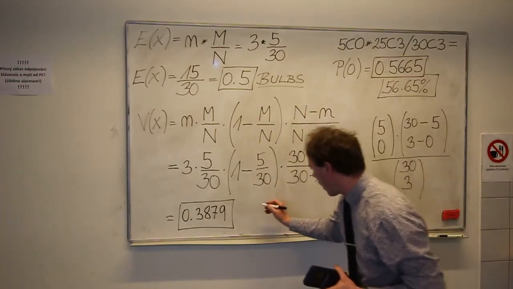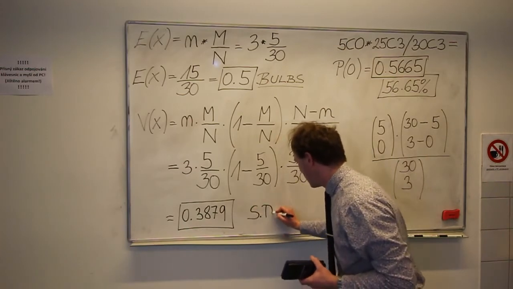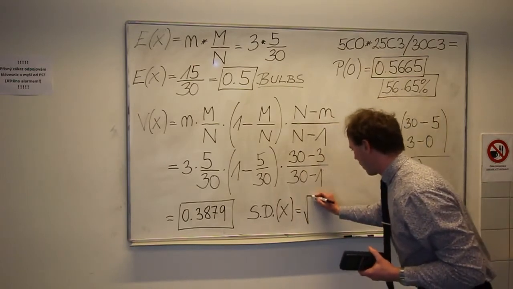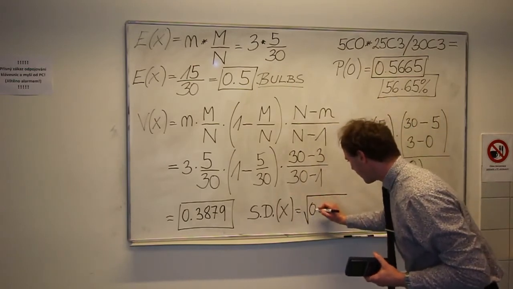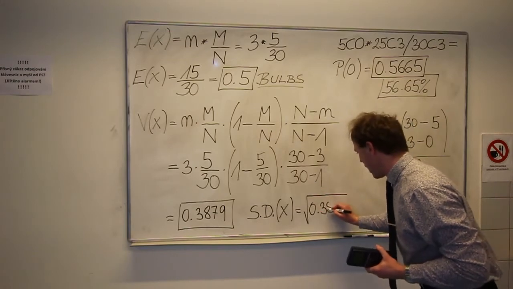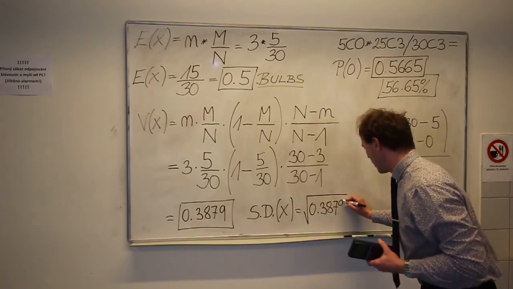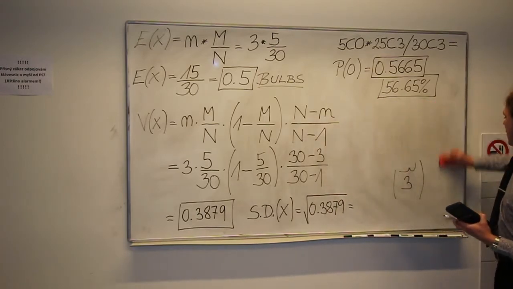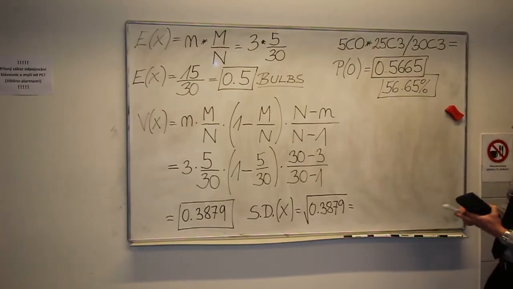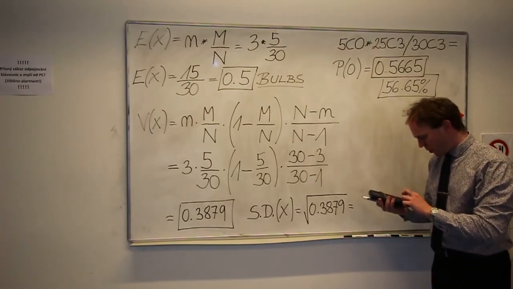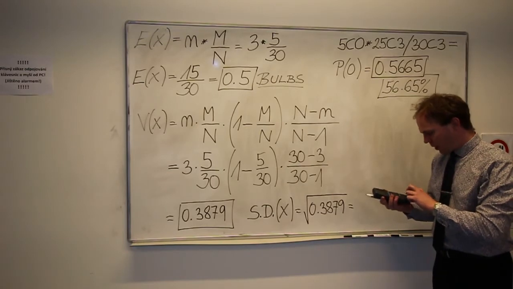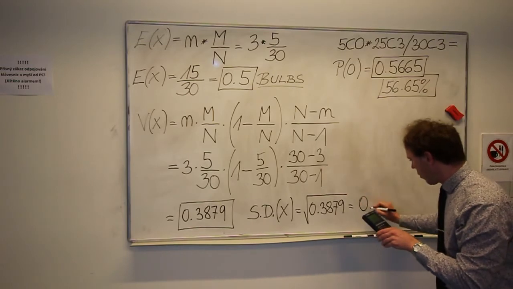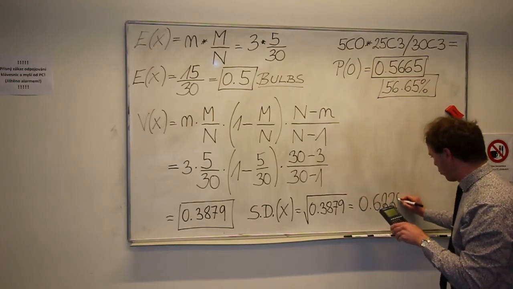So it's better to calculate the standard deviation of random variable x, which is calculated as the square root of 0.3879. I will delete this calculation, and the result, the square root of this value, is 0.6228.